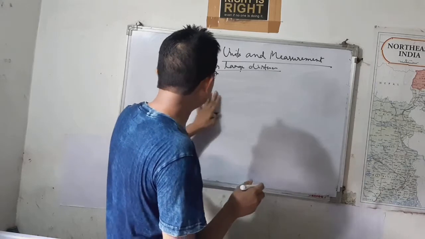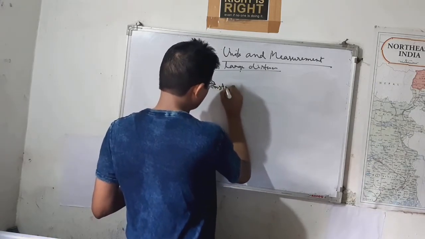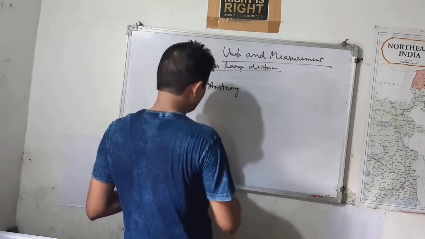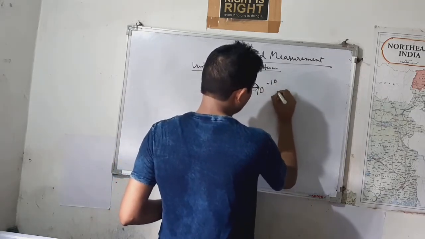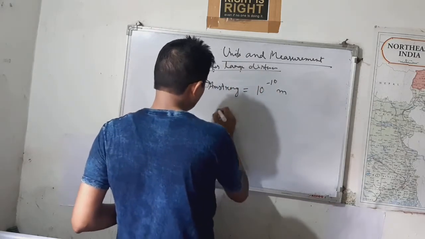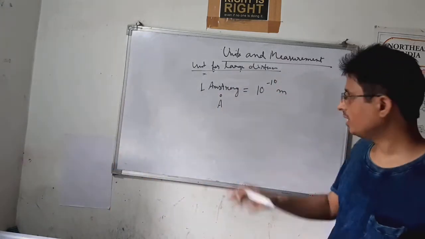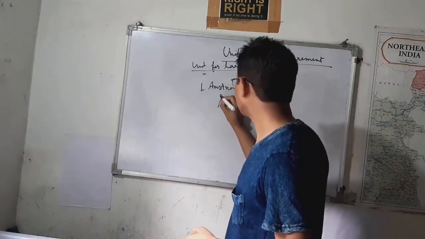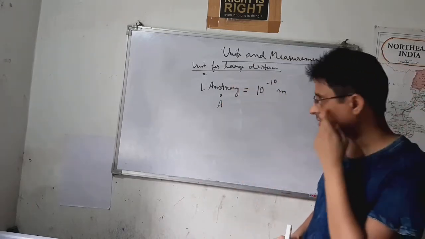One is known as Angstrom. 1 Angstrom is equal to 10 to the power minus 10 meter, and generally Angstrom is represented by this figure, A with a small circle on it.